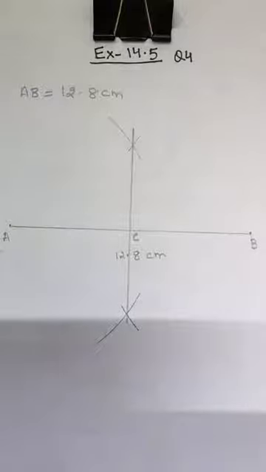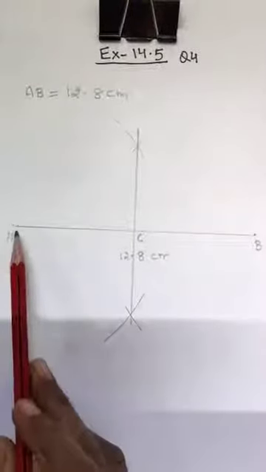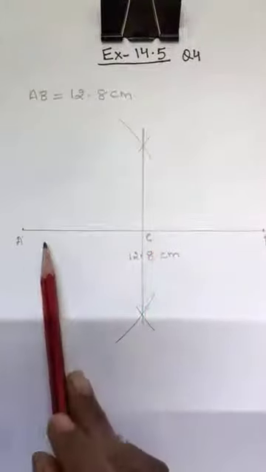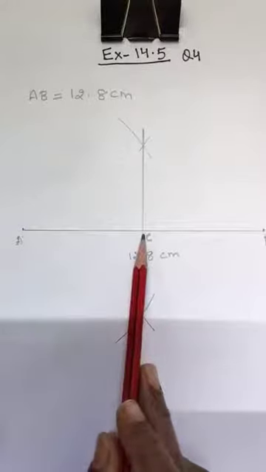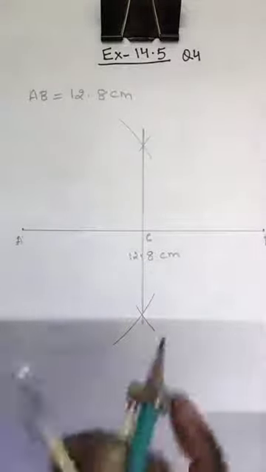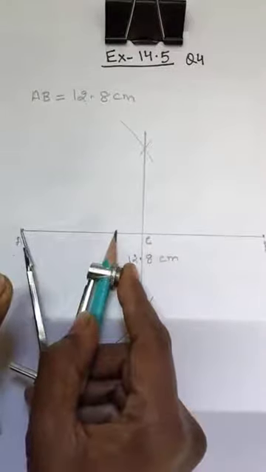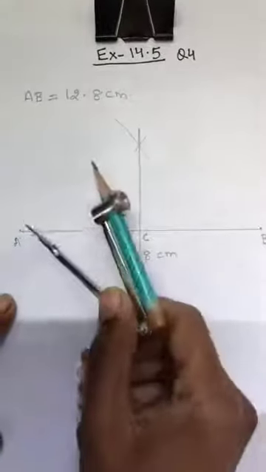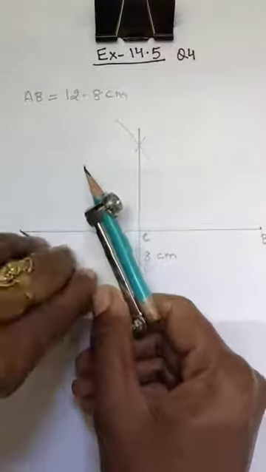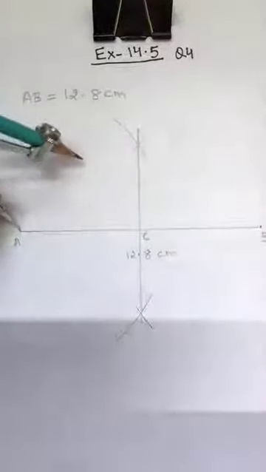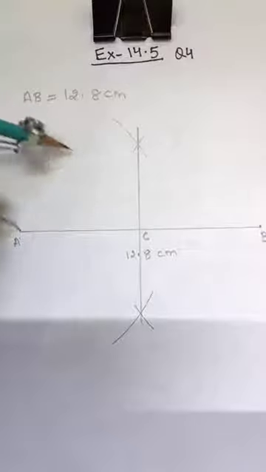Okay. Now same procedure we will follow with AC. This AC we will again divide into 2 equal parts. Open your compass more than half of AC. Draw 2 arcs from A on both sides of AC, one above the AC line and one below.